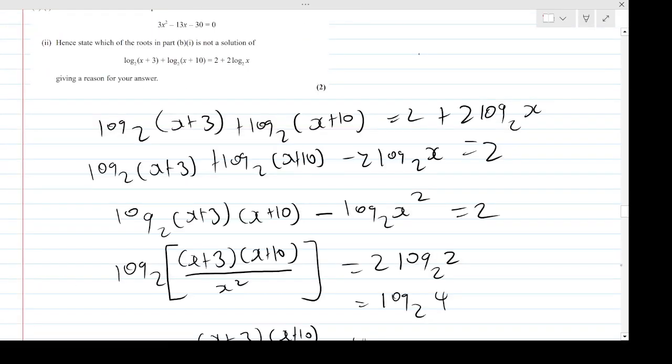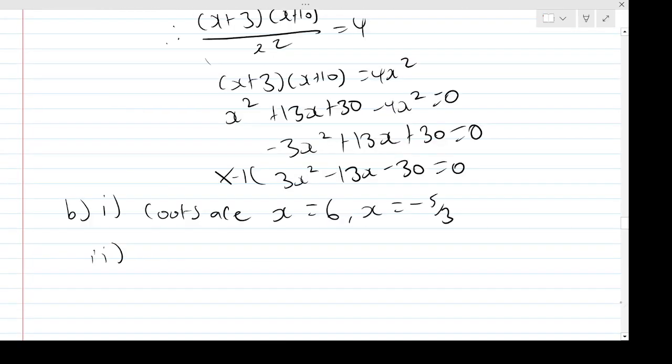Then it says, hence state which of the roots we found is not a solution, give a reason for your answer. So again, it's that checking, right? We've got two solutions. Which one isn't a solution? We need to check the logs.